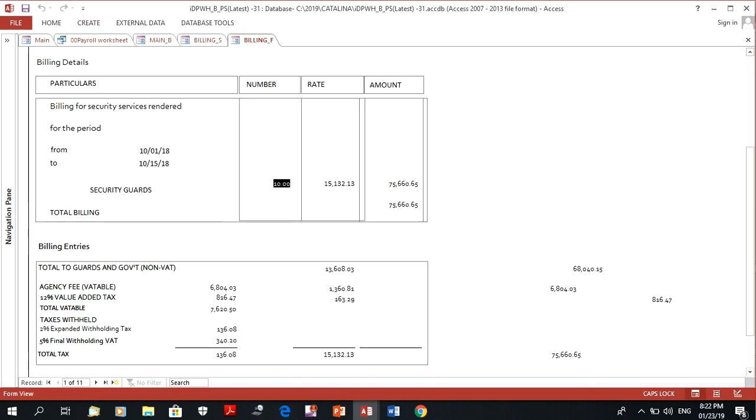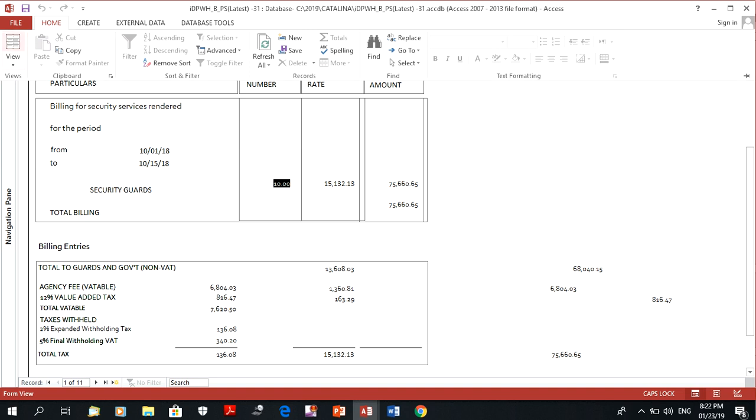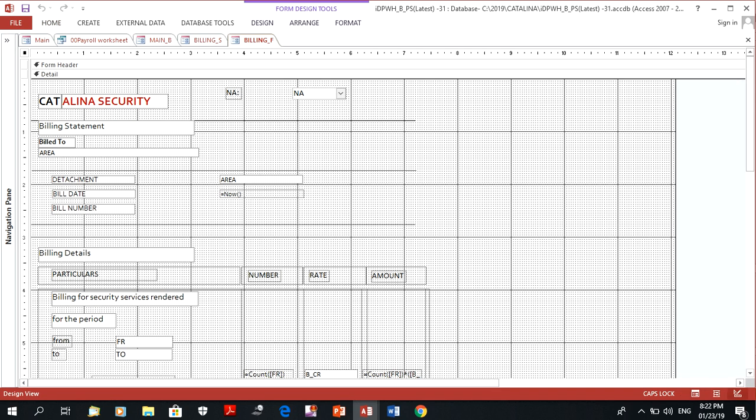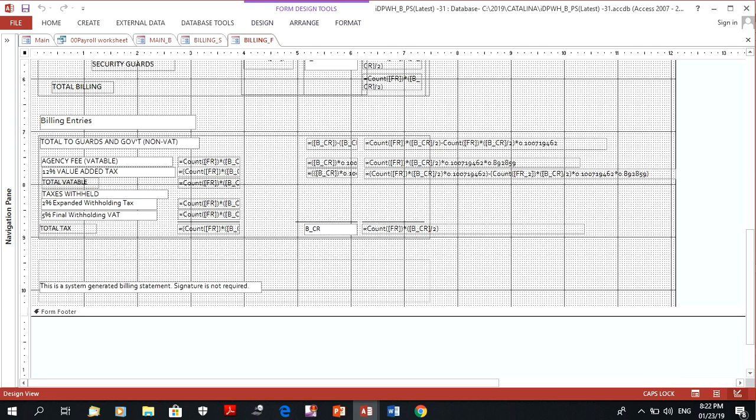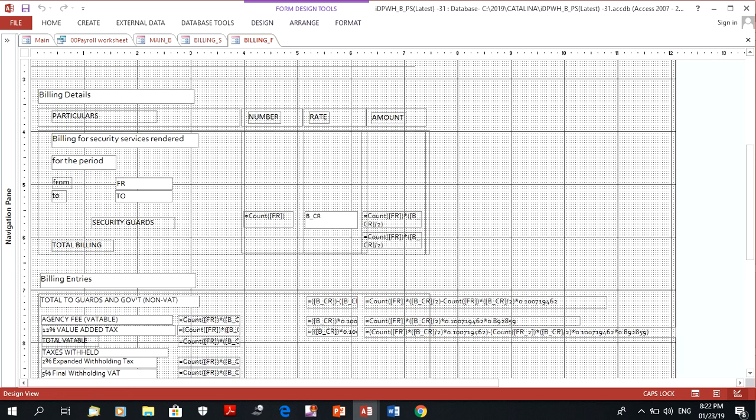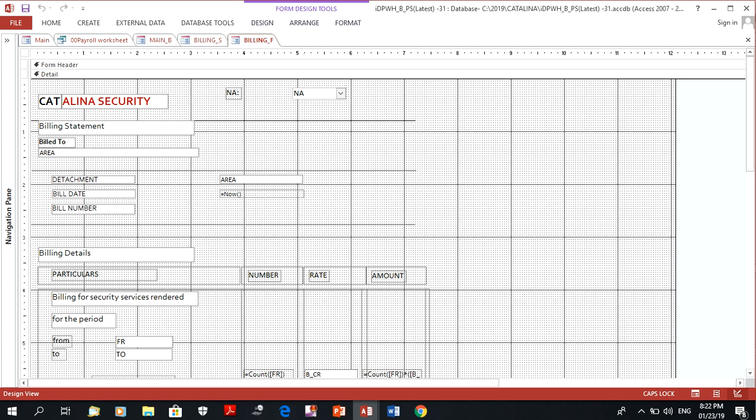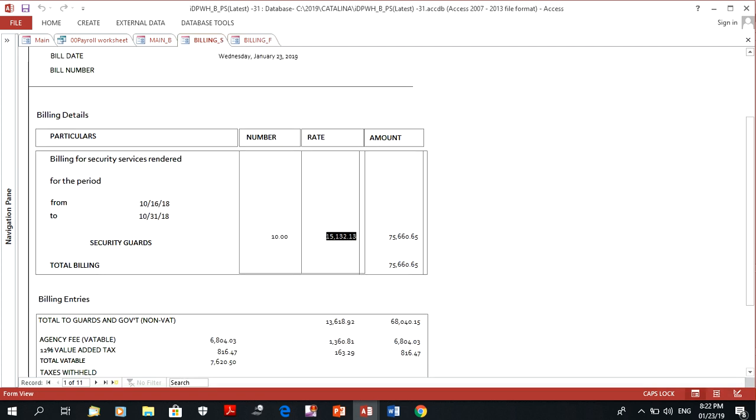If you look at the definitions here in the design view, you'll have an idea of what we're talking about. This is the definition of accounts receivable, debit AR.